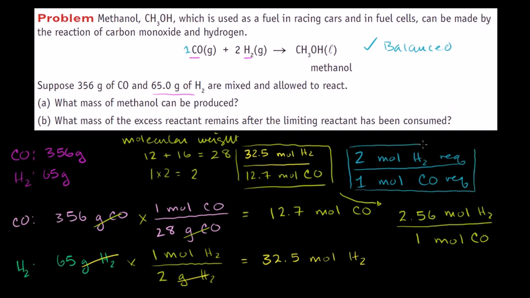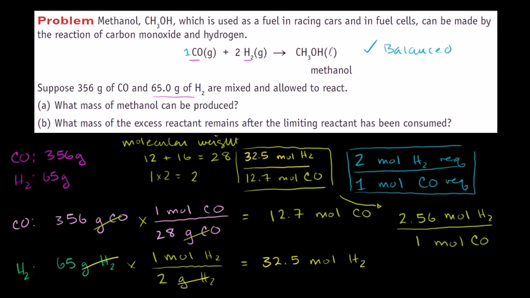It tells us that we need 2 moles of hydrogen for every mole of carbon monoxide. Based on what they've given us, we have 2.56 moles of hydrogen for every mole of carbon monoxide. So we have more than enough hydrogen, right? We only need 2 for every mole of carbon monoxide. We have 2.56. So we have an excessive amount of hydrogen.